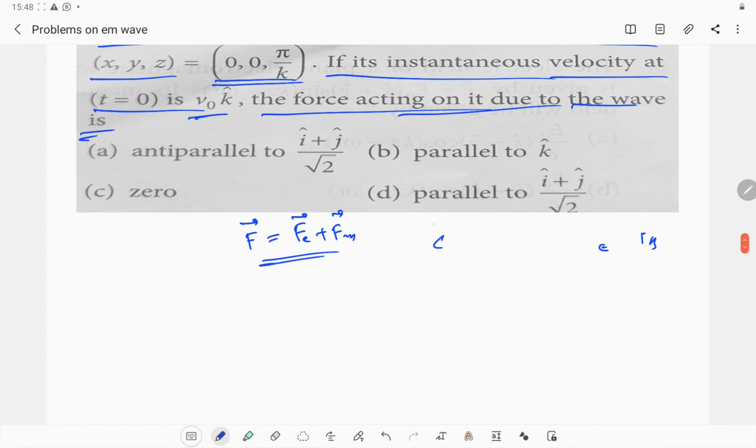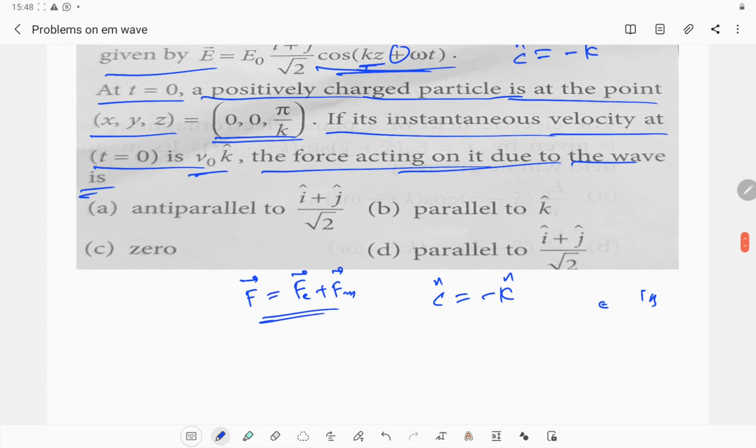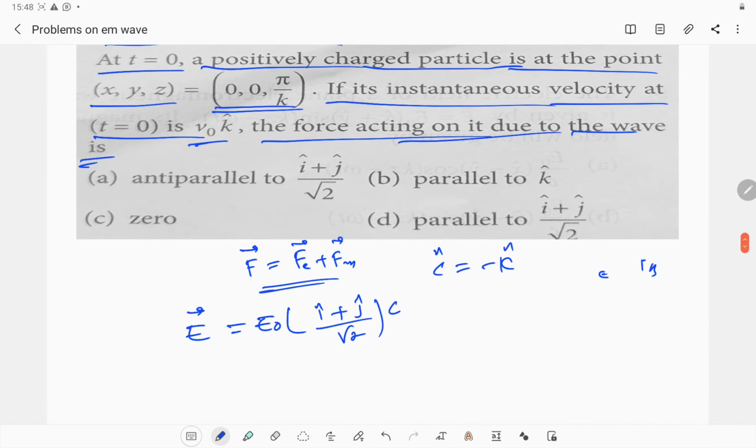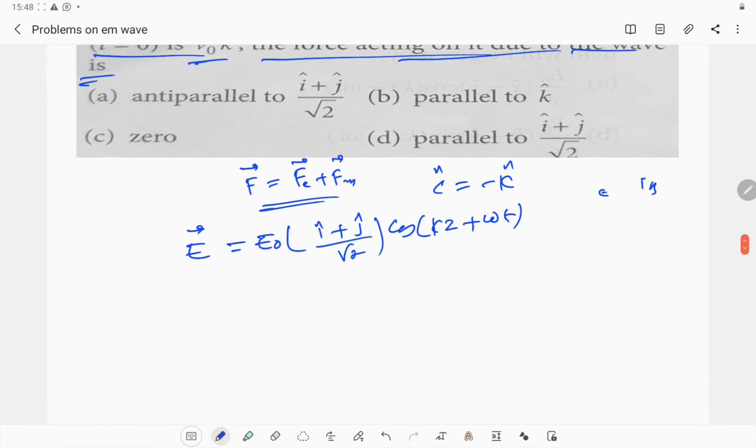The electric field vector E bar is E naught times (i cap plus j cap) by root 2 times cos(kz plus omega t).